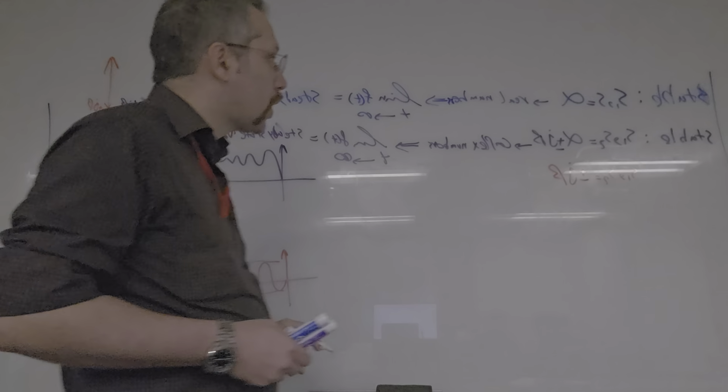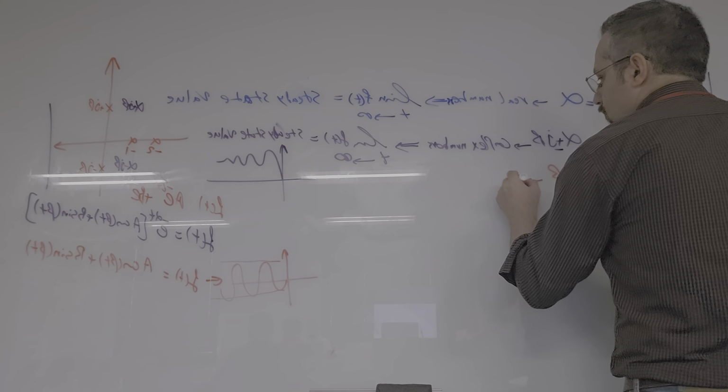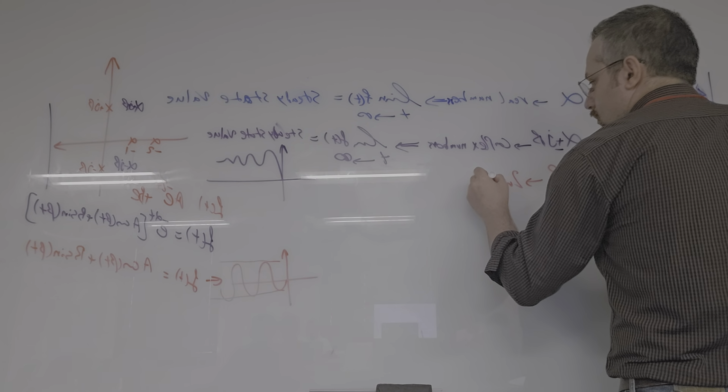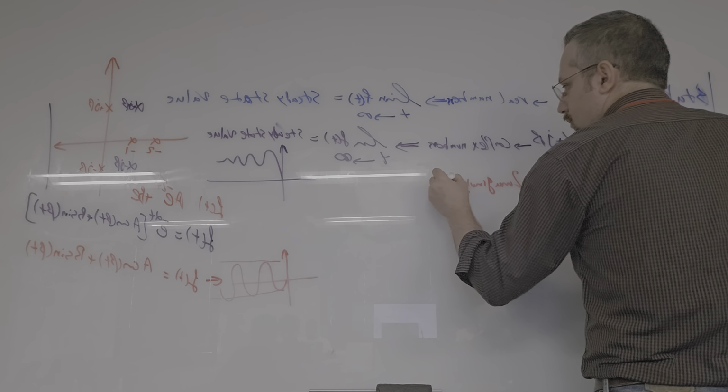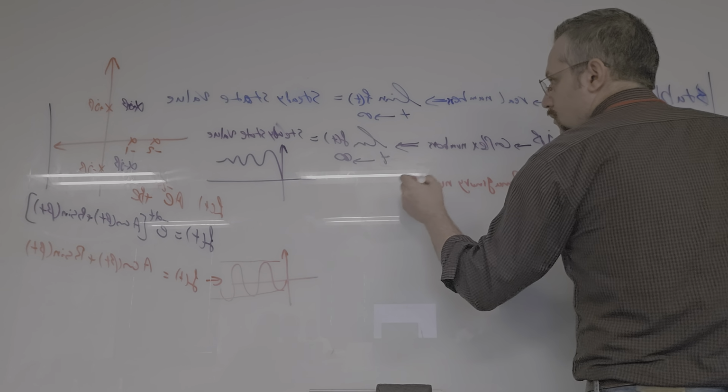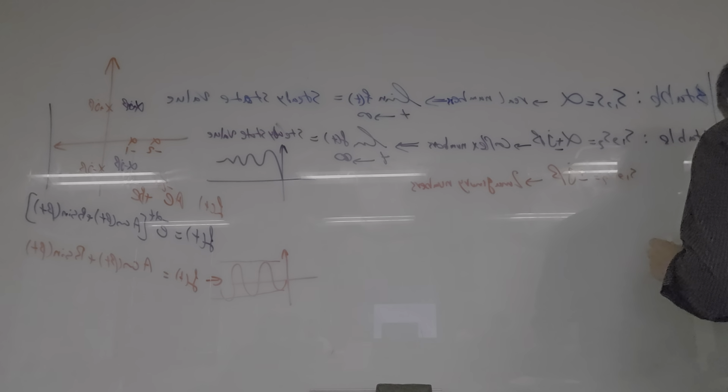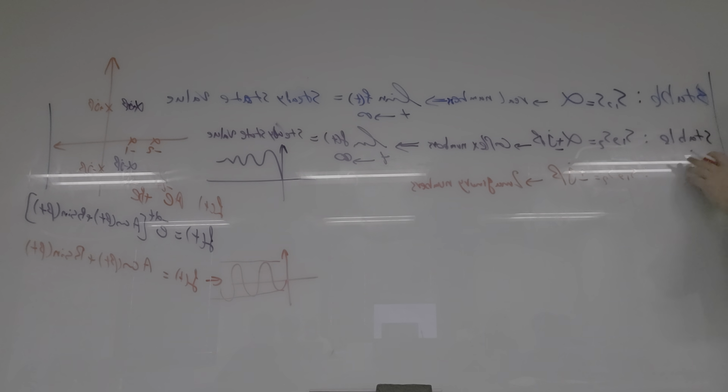Now, this situation is not fully stable because we have oscillation, but it doesn't increase or go wild, so we call it marginally stable.